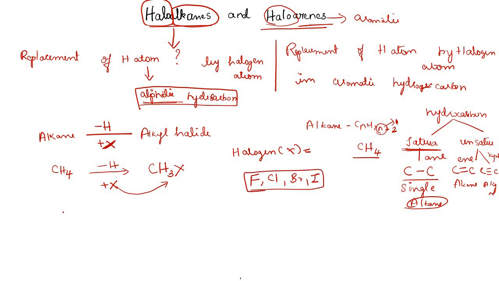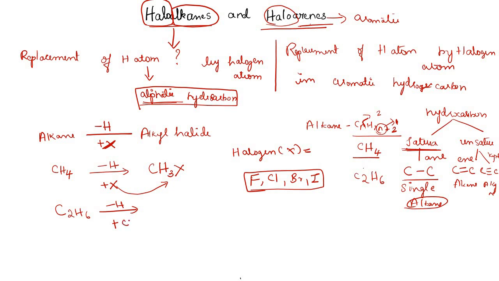Okay, one more example, I'll take ethane. The same thing, you put in this formula: eth means it's 2, so C2H6. You just need to know this; if you know eth, prop, but, you can do it. Here you are removing one hydrogen and adding one halogen atom.